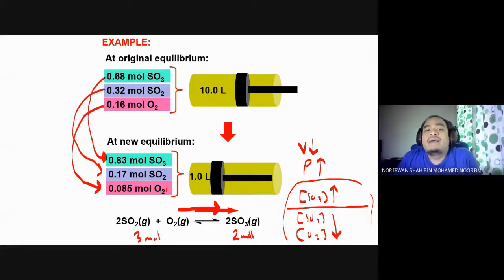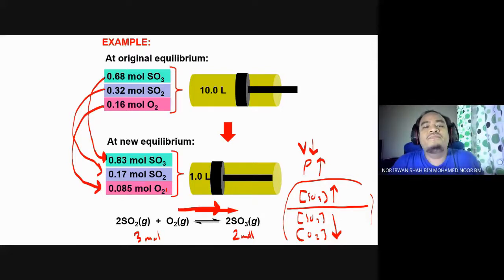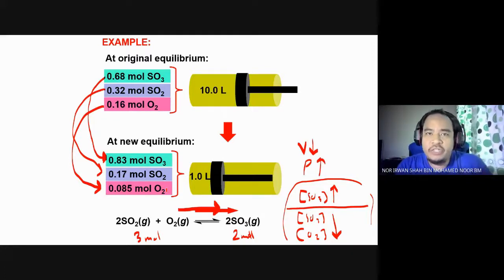And sulfur trioxide, SO3, increased its quantity, either in moles or, if you calculate the concentration, the concentration is also increased, and also the pressure. So this is another example of how changing the pressure, by changing the volume, affects the equilibrium position.